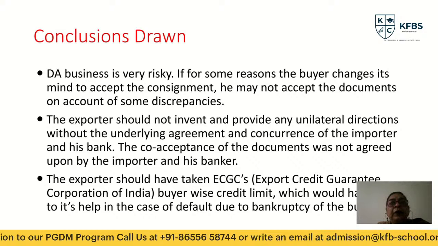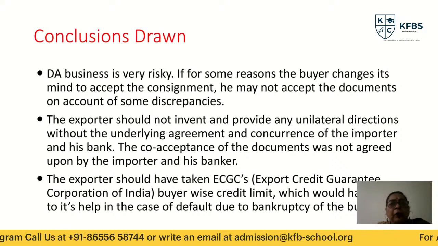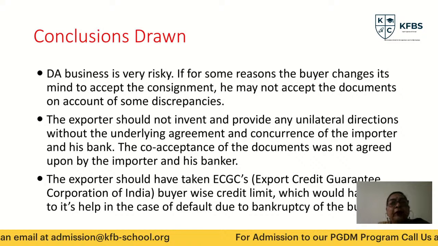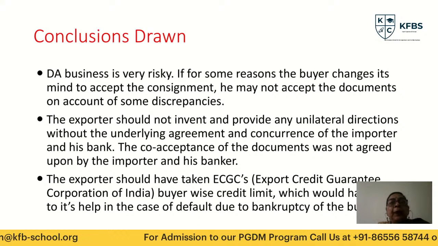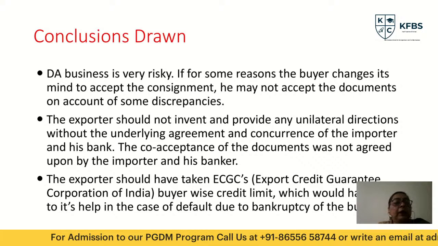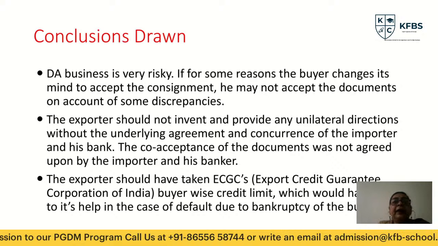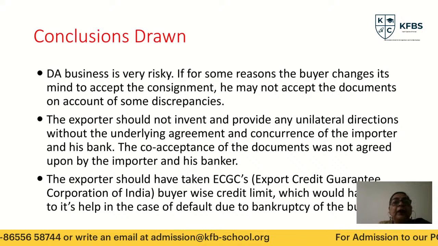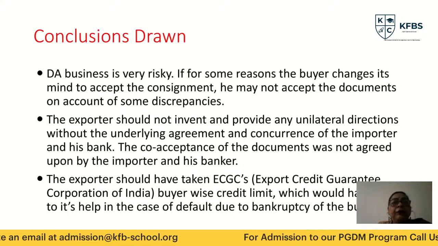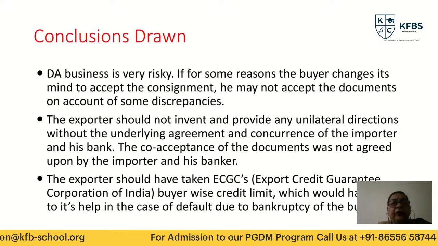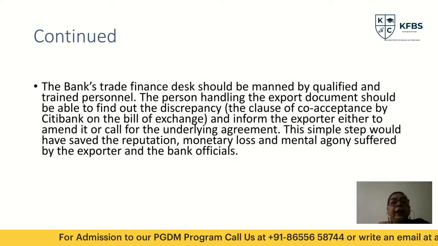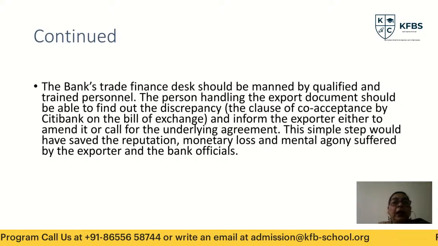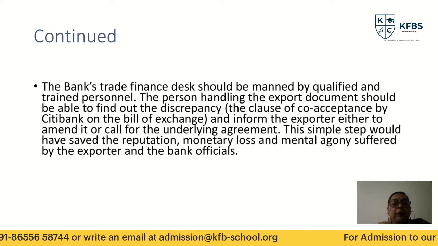They report the creditworthiness to the exporters, and the exporters then decide whether it is safe to export to that particular buyer or not. In this particular case, had Taneja Exports taken the help of ECGC, in case of default of payment from Lawrence Fashions, ECGC would have reimbursed the payment to Taneja Exports after deducting a certain amount.